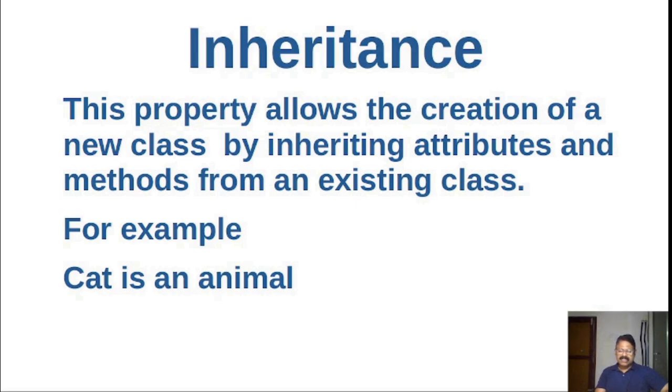All animals have certain properties and they are well defined. We are creating a new category of animal, that is called cat. The cat inherits some properties from the parent class or superclass animal.